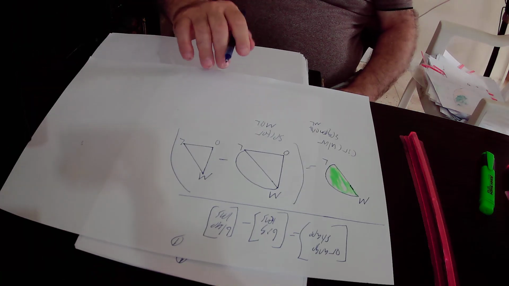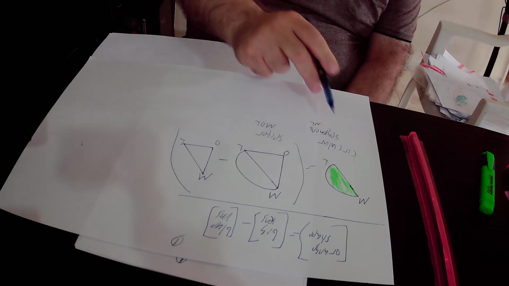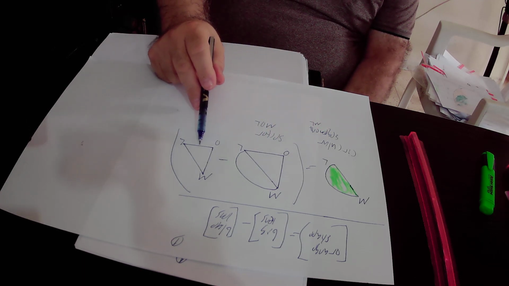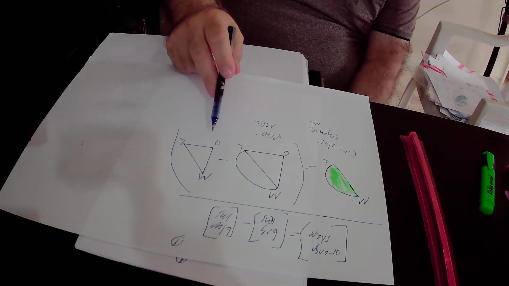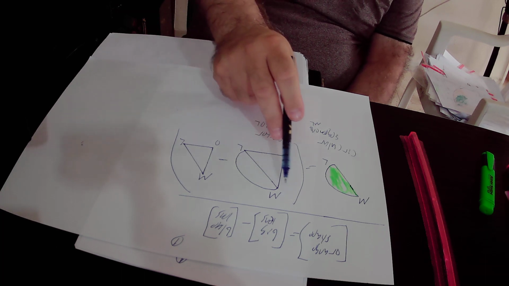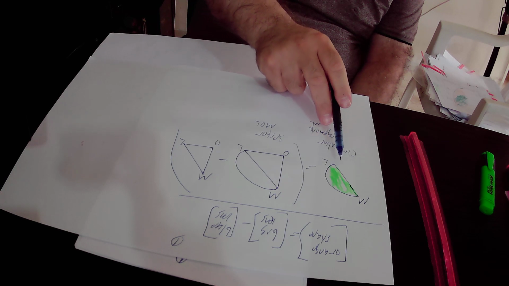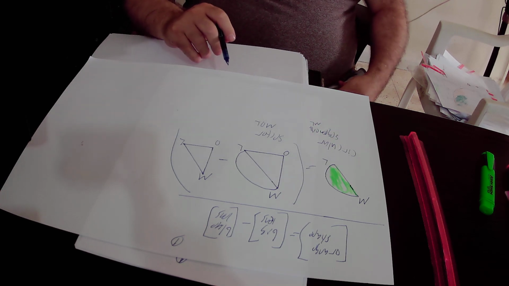I repeat again, the area of circular segment ML equals the area of sector MOL minus the area of triangle MOL. It is very easy to see from the drawing that if you subtract the area of triangle MOL from the area of this sector MOL, you will get exactly the area of circular segment ML. Okay.